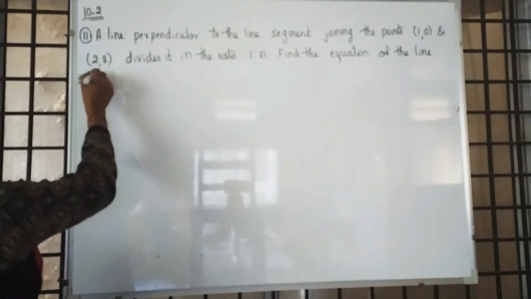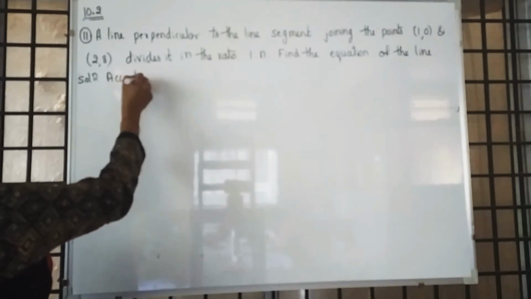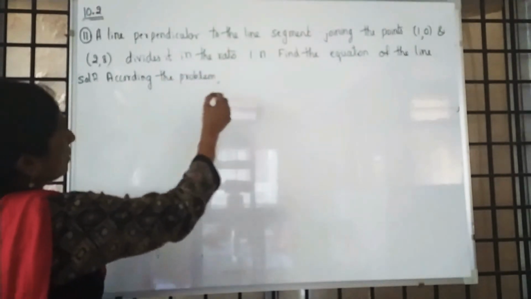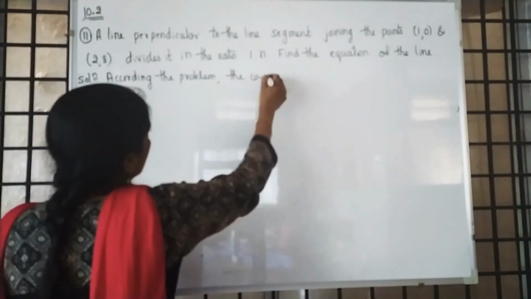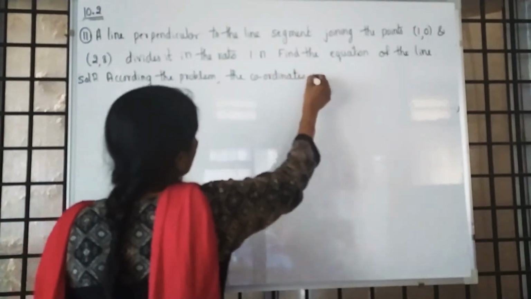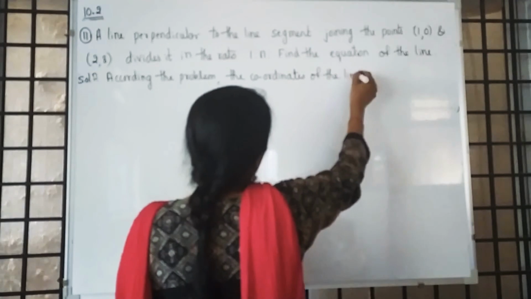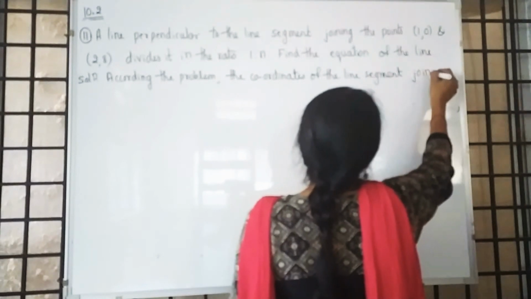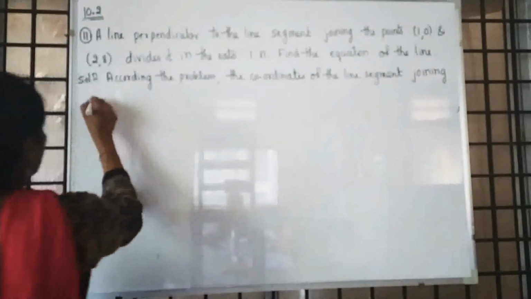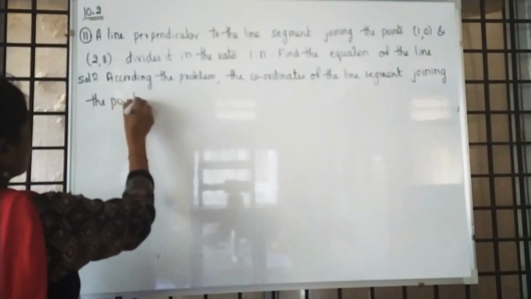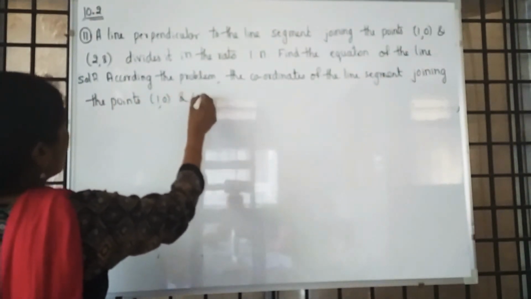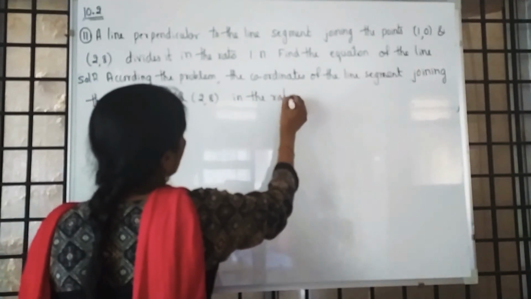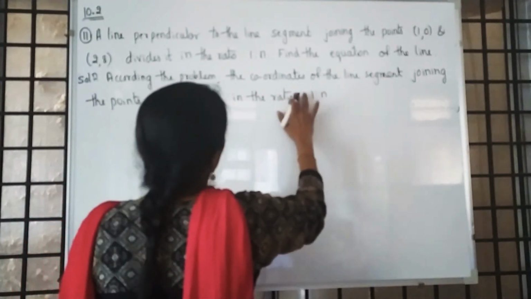According to the problem, first we have to calculate the coordinates of the point dividing the line segment joining the points (1, 0) and (2, 8) in the ratio 1:n.